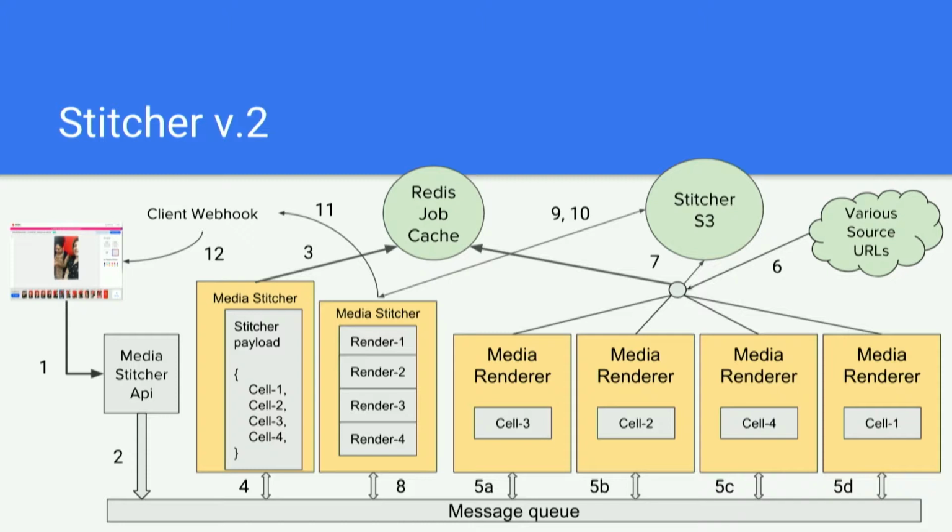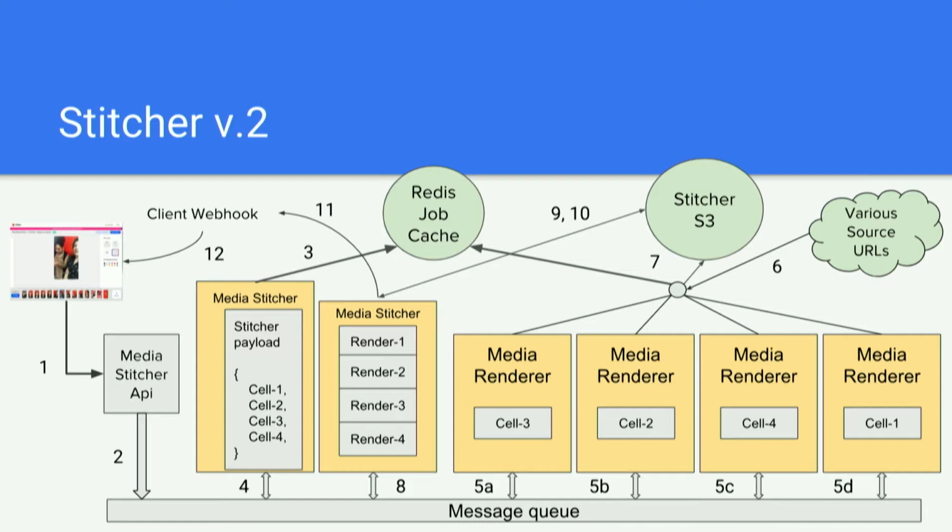The last one checks to see, am I the last server to complete? It then sends a message back to the queue that's picked up by Media Stitcher to then do an assembly of all of the individual pieces of rendered content.